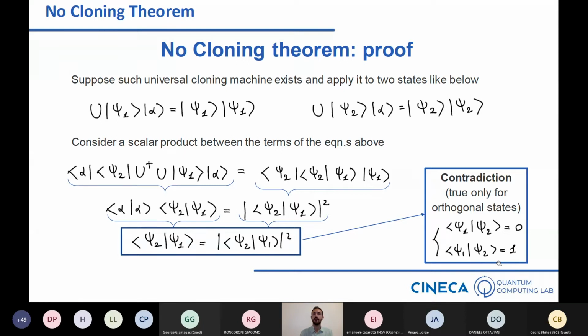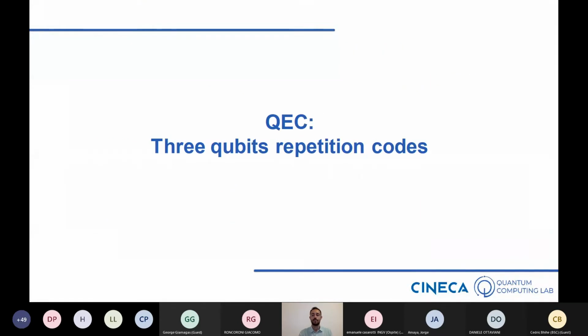Maybe the reasoning: you assume that such a machine exists, but then you obtain something that is true only for classical cases. So this assumption is wrong in the first place. Since nobody is writing, probably it's all clear, or it's not clear at all. But okay, I'm going on.